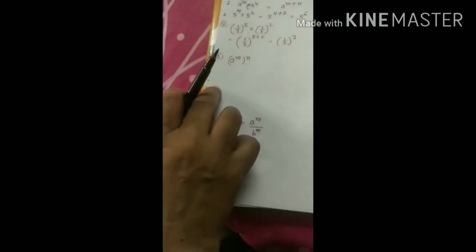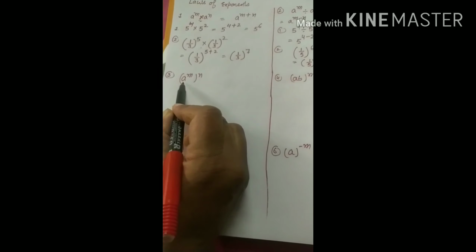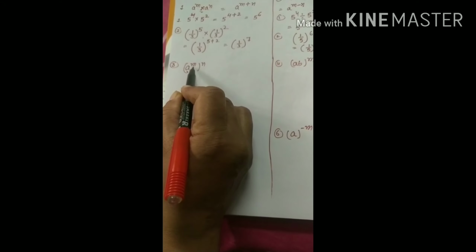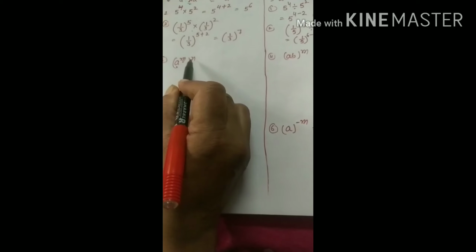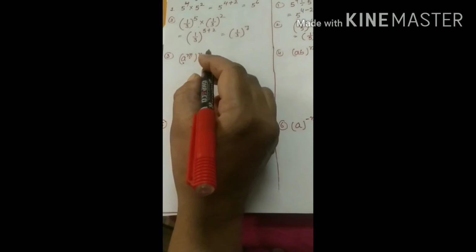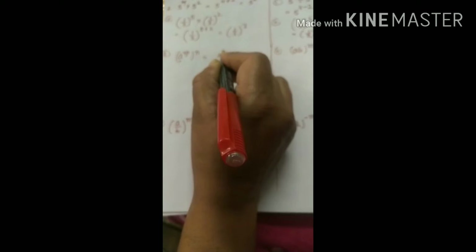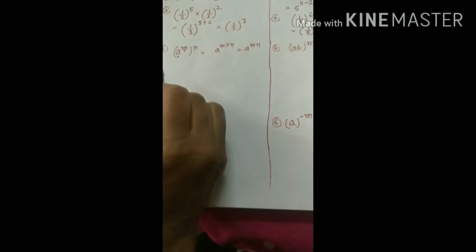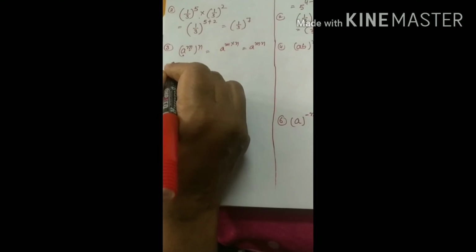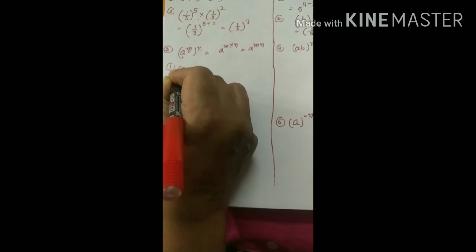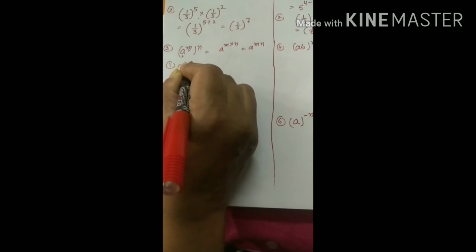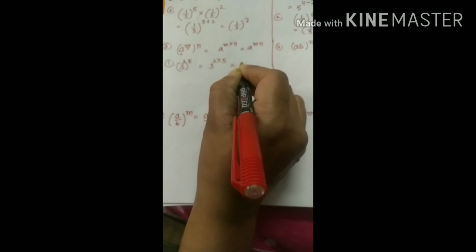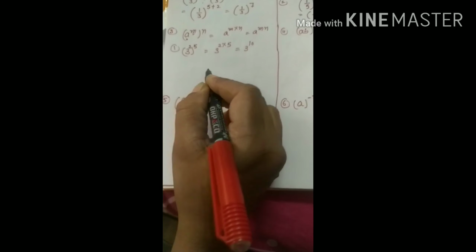Now the next law: if one integer a has two powers m and n, we will multiply both powers. So it will be a power m, power n is equal to a power mn. An example: 3 power 2 and 5, that means 3 power 2 multiply 5, so 3 power 10.